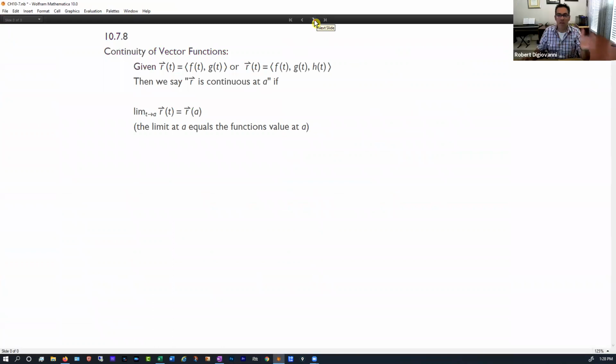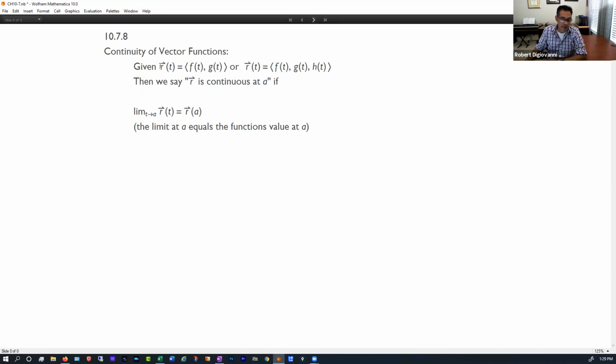So we talked about limits in calculus, and after we talked about limits, we talked about continuity. Back in Cal 1, continuity meant basically that you could draw the graph without picking up your pencil. That's the easy way to think about continuity. For us, it's the same exact definition.